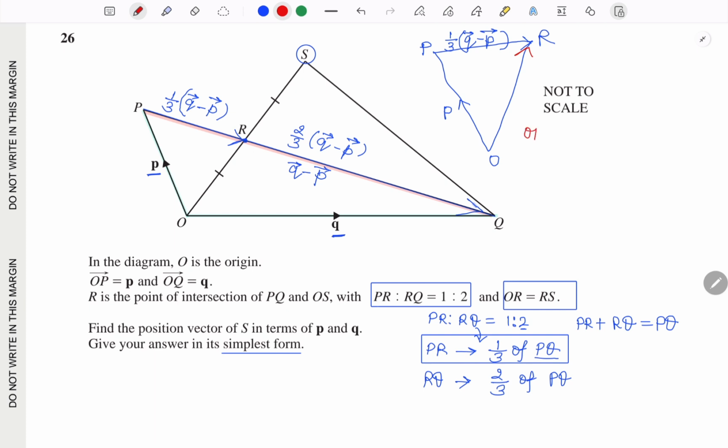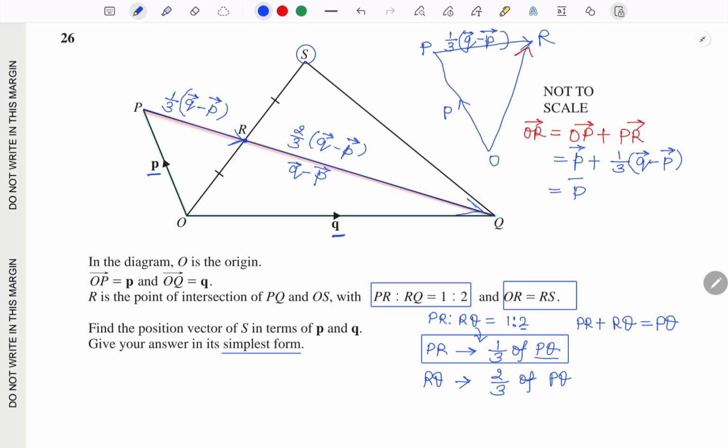So I can write that OR vector is OP vector plus PR vector. OP vector is nothing but P vector plus PR vector, which is 1 by 3 (Q vector minus P vector).